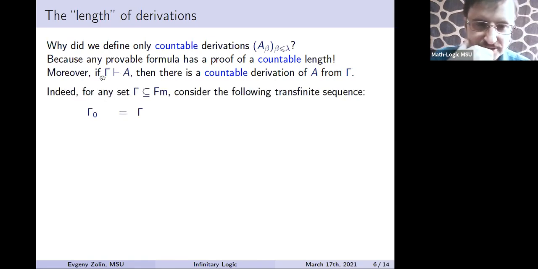Okay, why is this? Why are countable derivations enough? Let us derive consequences from gamma step by step. So first we start with formulas from gamma. And next we apply modus ponens and the rule of conjunction to all formulas from gamma and our axioms.